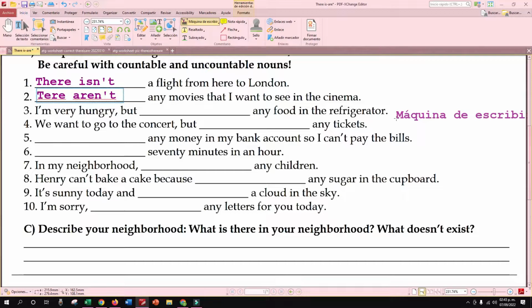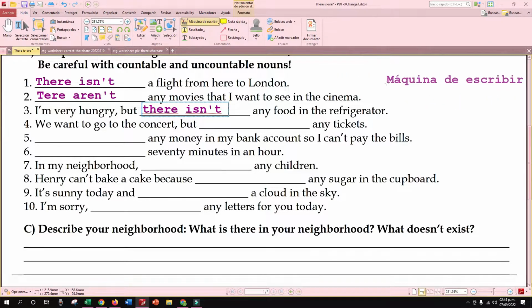What about 3? I'm very hungry, but any food in the refrigerator. Countable noun or uncountable? What do you think about it? There isn't or there aren't? Which could be the answer there? There isn't. Why? Because there you have food, right?